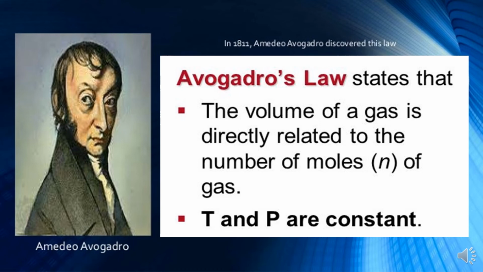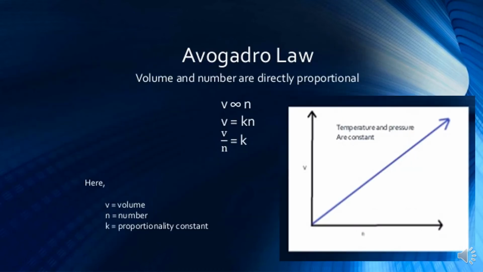This law can also be defined as: equal volumes of all gases contain an equal number of moles if they are at the same temperature and pressure. Mathematically, V is directly proportional to n, V is equal to Kn, or V over n is equal to K.